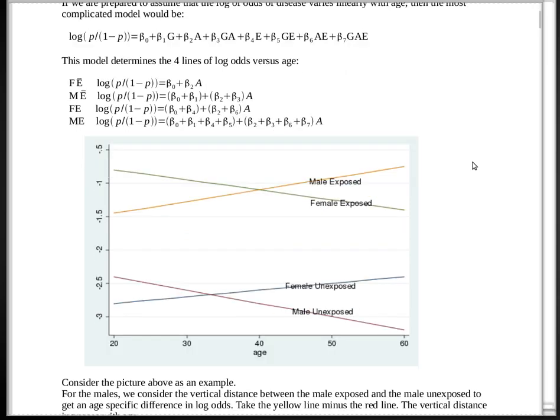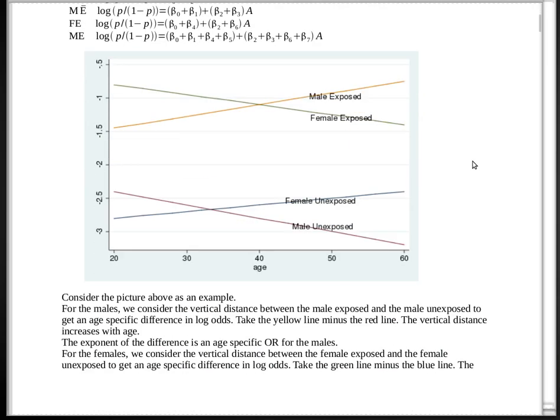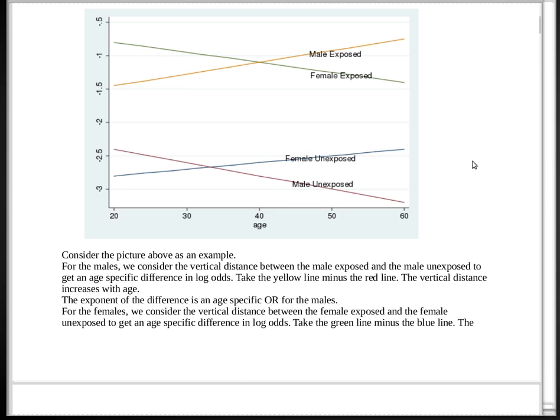Okay. So that's summarized in this text that I've just included here. Notice that the exponent of that difference, of that vertical distance, is the age-specific odds ratio, either for the men or for the women, and we saw that last time.